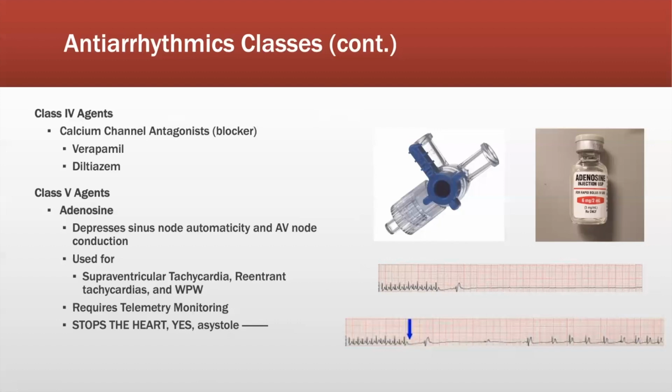You push the drug, turn the stopcock, and flush it through into your patient's arm. Don't be afraid to lift up that patient's arm to make sure that it gets into circulation and through the heart. Push this medication very fast. Make sure your patient is connected to telemetry when you push this, and be ready to hold on for 3 to 6 seconds, and your patient will have this nice, weird flat line, and then they will convert.